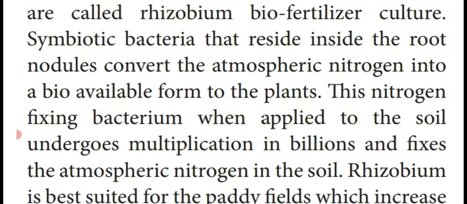So it has a living place and also gets food material from the root of higher plants. In turn, this bacteria fixes the atmospheric nitrogen into the soil for the growth and development of higher plants. Likewise, both organisms benefit by exchanging their functions. That association or relationship is known as symbiotic relationship. See the paragraph.